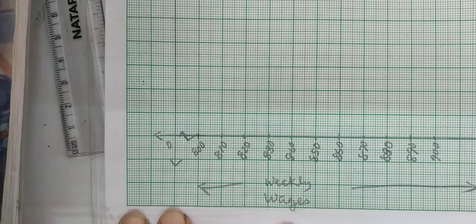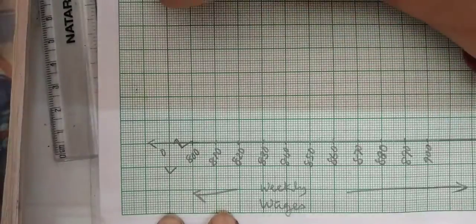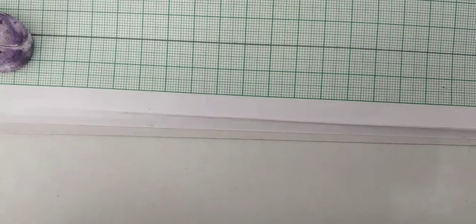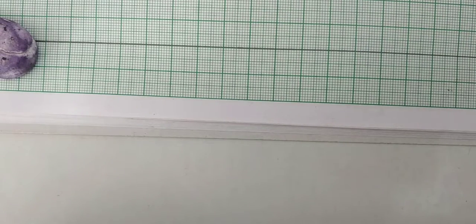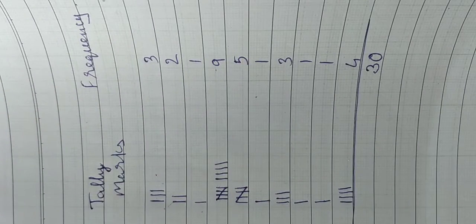Is that clear? Now we will go for the y-axis grading, and you can see here we will take workers. Frequency is what? Maximum is 9. You can see the maximum frequency is 9.